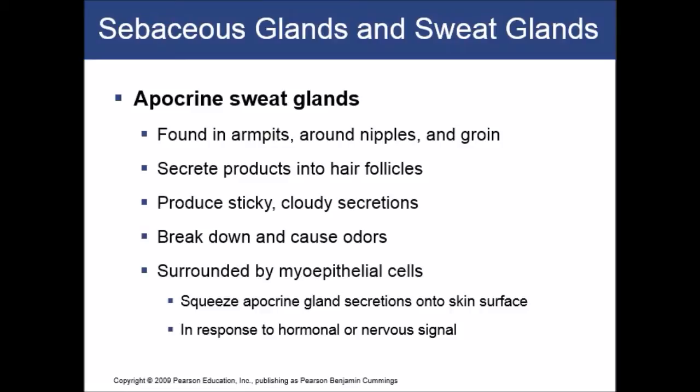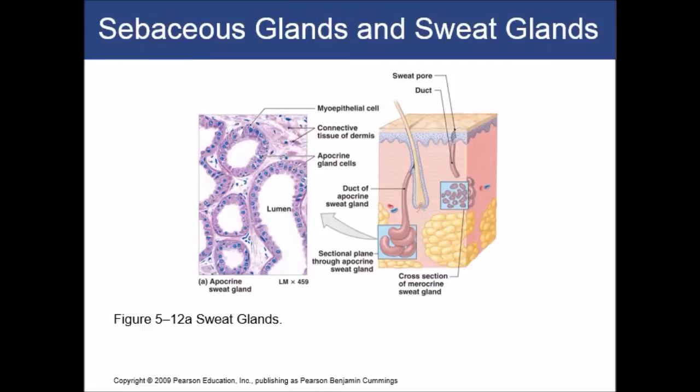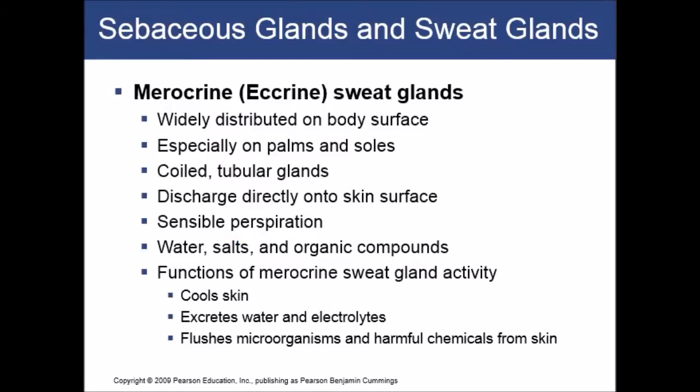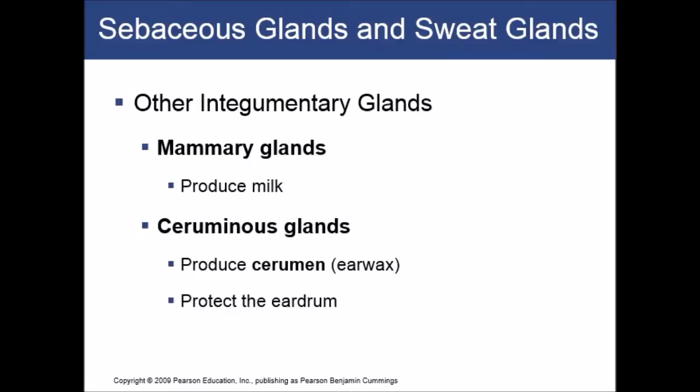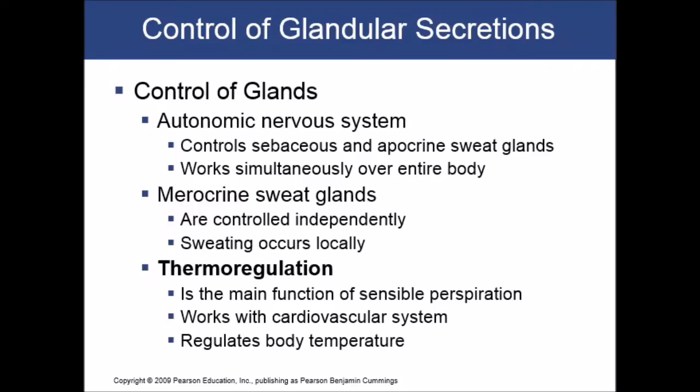Location of apocrine, and we mentioned that. When does it mature? And it's obviously different than the regular sweat glands, which are the merocrine glands. The merocrine or eccrine glands are the regular sweat glands. What's the function? And what does it excrete? Ceruminous gland. Glands are important.